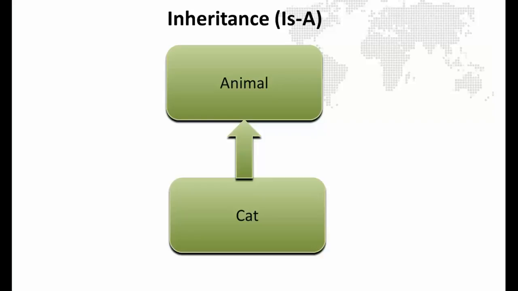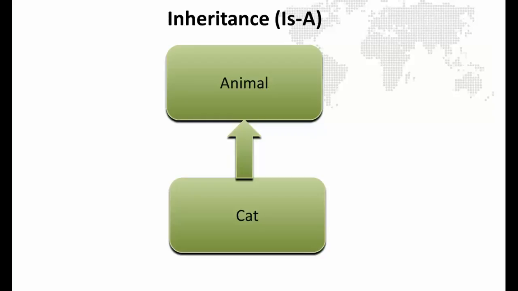Otherwise, your relationship is kind of broken, because if a cat can't be used anywhere that an animal was used, if a cat isn't truly an animal in all of the contexts that an animal is used, then it really is not properly modeled with an inheritance relationship.